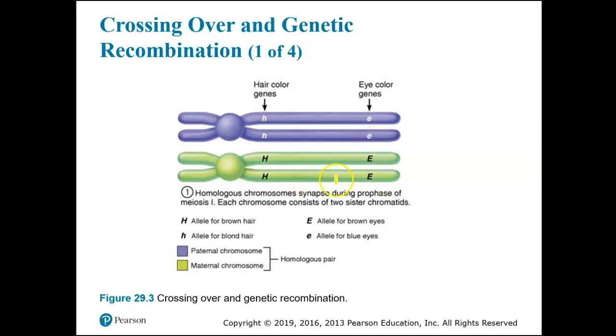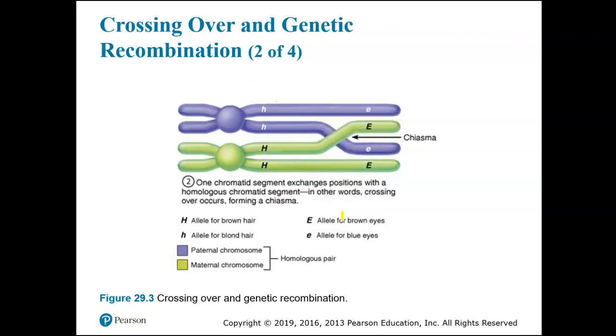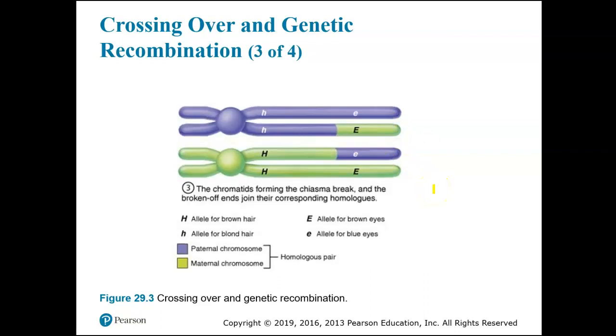But since these genes are linked on the same chromosome, the only way to get those combinations would be if, when they pair up, portions of those non-sister chromatids were to cross over and exchange places, like you see here. And this is what really does happen.